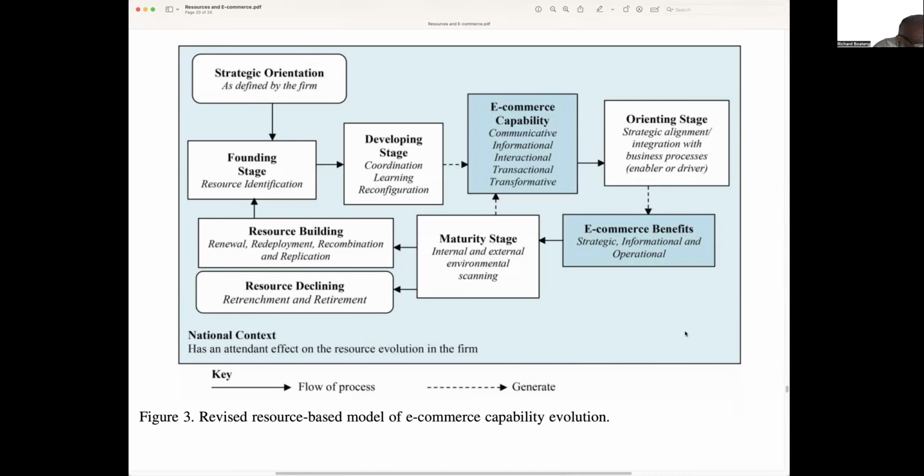So earlier, we were just looking at the founding, going to developing, and then branching to a maturity, and then giving us e-commerce capabilities and benefits. But we didn't see that there's an interrelation between the whole thing in terms of a cycle. So this is a cyclical manner rather than the previous one that was more linear. Okay. So we have got strategic orientation of the firm going to founding stage, developing stage, and then going to orienting stage, and then coming back to the maturity stage.